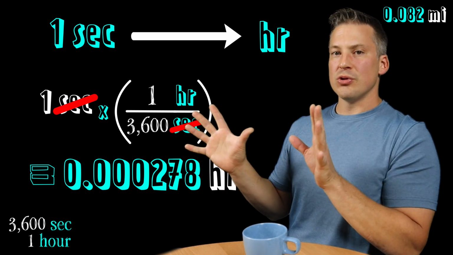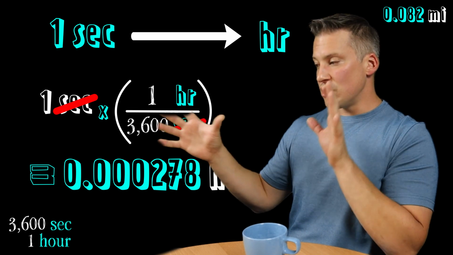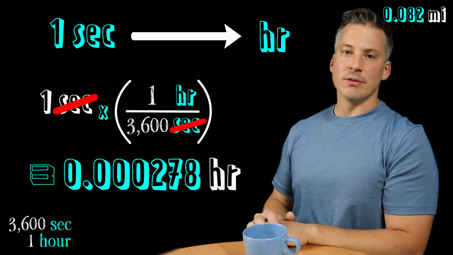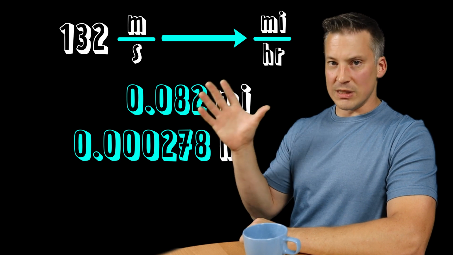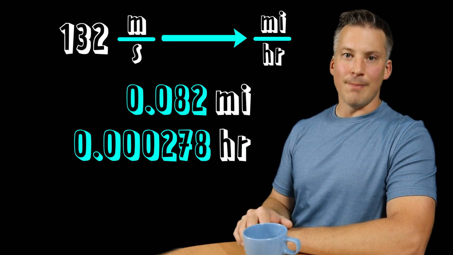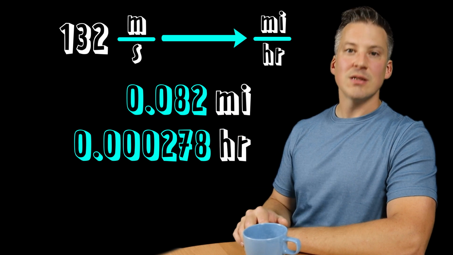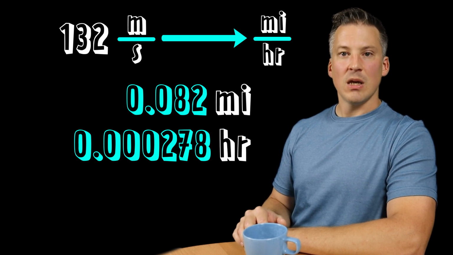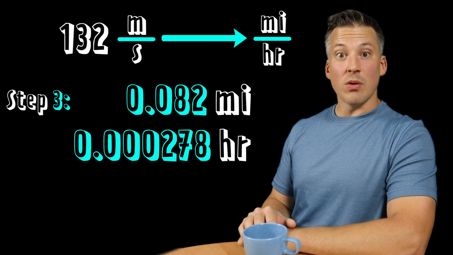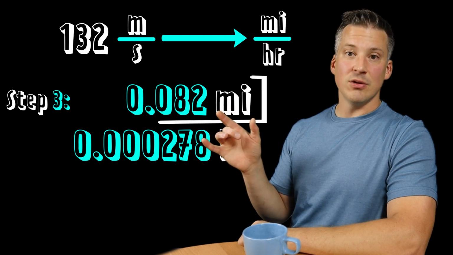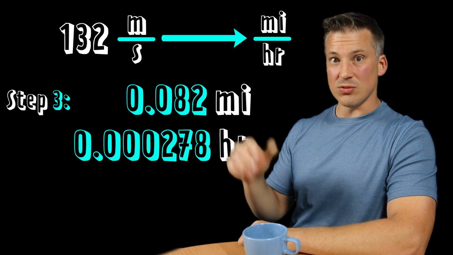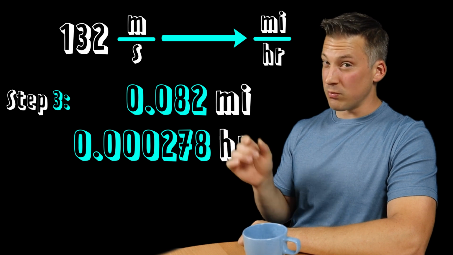So now those are the 2 steps so far, the 2 conversion problems that we worked out. Remember, we're dealing with 0.082 miles, and 0.000278 hours. The third step now is to take the numerator value, which was distance, the miles, since we want to find miles per hour.